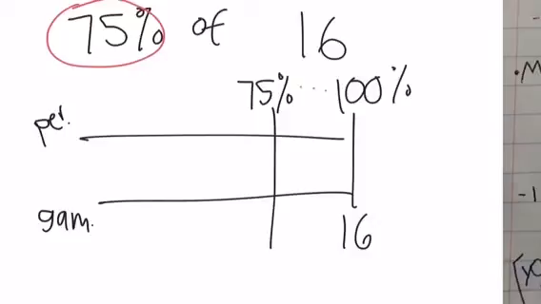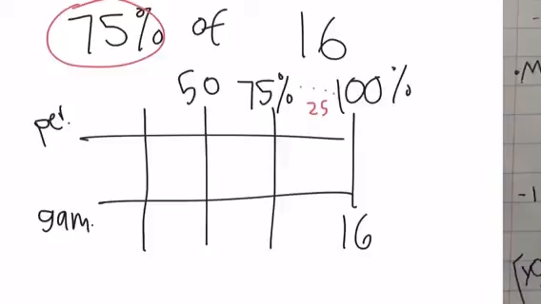we know that this jump in here is worth 25. So that means if we jump one more down, subtract 25, gives us 50, jump 25 down again, 50 minus 25 is 25, and then 25 minus 25 is 0. So this is 0 and 0.